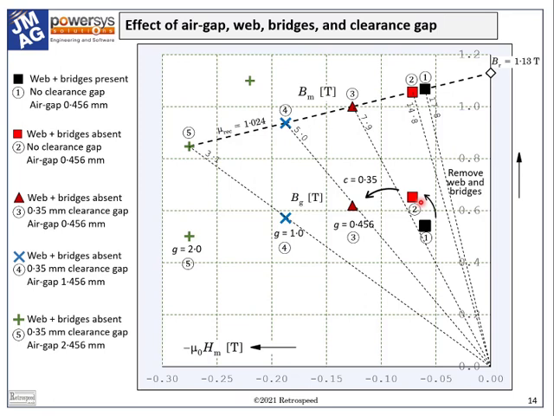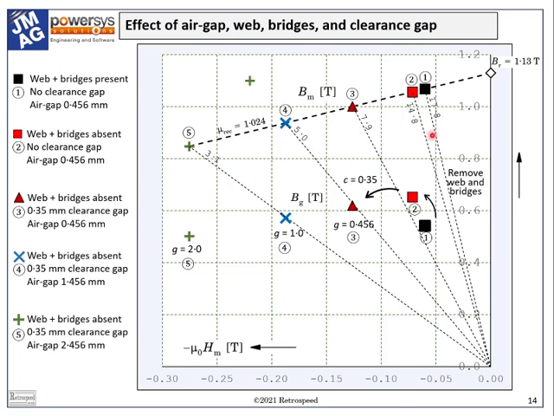If we look at the magnet operating point in case 2, we find that it has not deteriorated very much. The magnet flux density has fallen to 1.057 Tesla, a drop of only about 1%, while the permeance coefficient has fallen from 17.8 only to 14.8, still high.